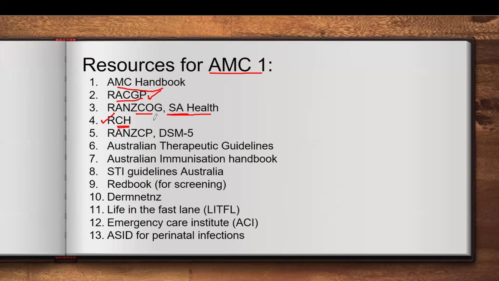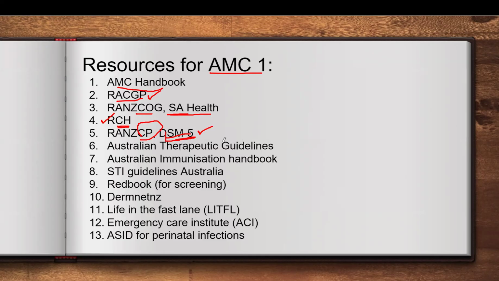RANZCP is for psychiatry. Although it has very extensive topics that you don't need, just for reference you can have a look at this website. For psychiatry, you have to know the DSM-5 criteria. This is just an overview, and as we solve questions and you have theory classes, you will get to know what DSM-5 is and how we read it.